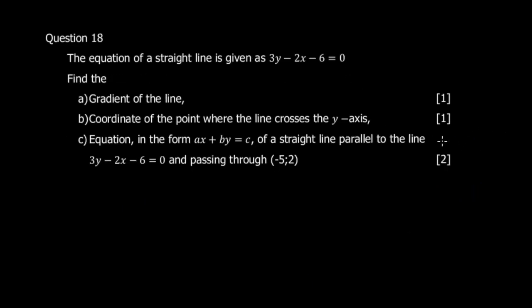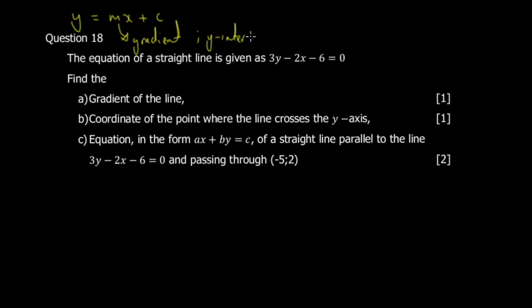The next question says the equation of a straight line is given as 3y minus 2x minus 6 equal to 0. Find the gradient of the line. So the equation of the straight line is given as this, we need to find the gradient of the line. Recall that the relation for a straight line is like this, where this is the gradient, and the y-intercept is what?